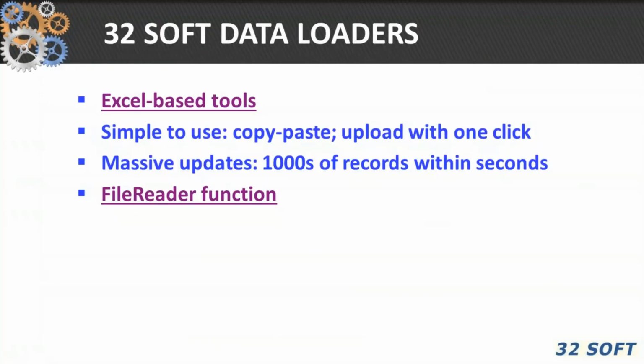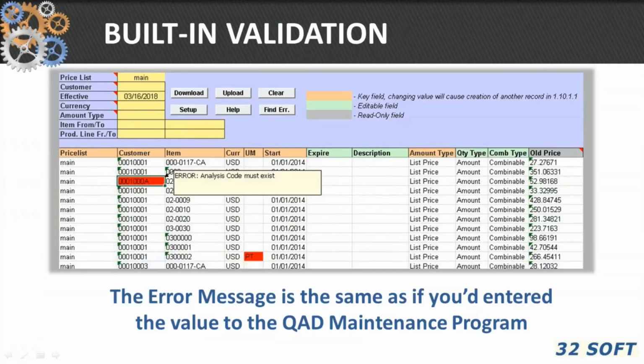There is built-in validation. And I should say there are multiple validation layers in each data loader. Without going into the greater technical details, the genuine QAD validation logic is performed.